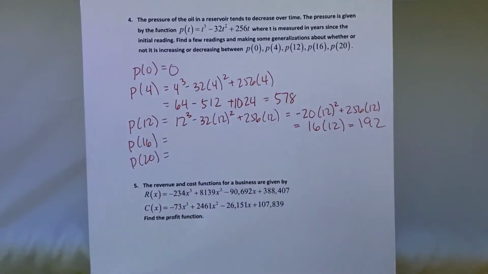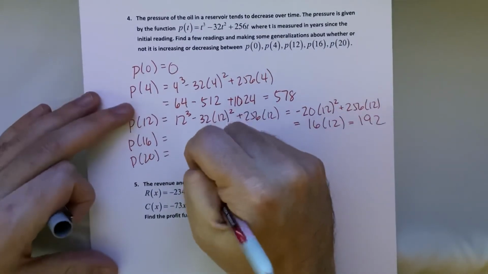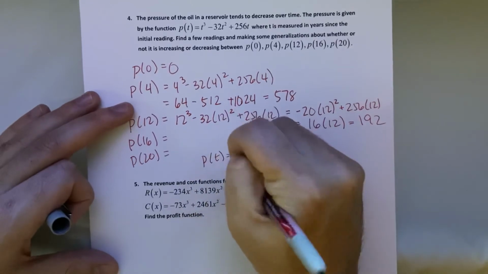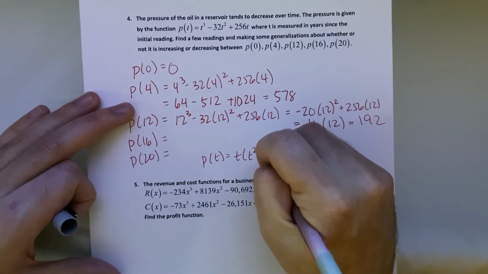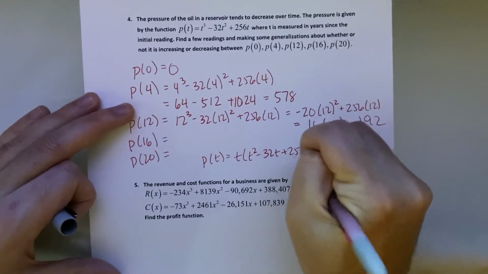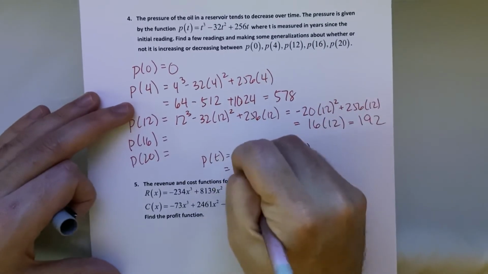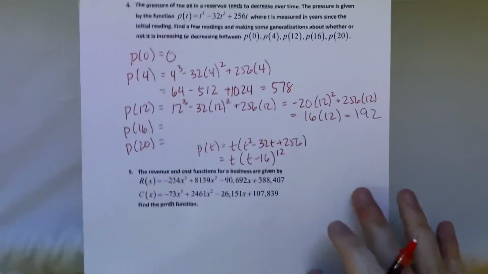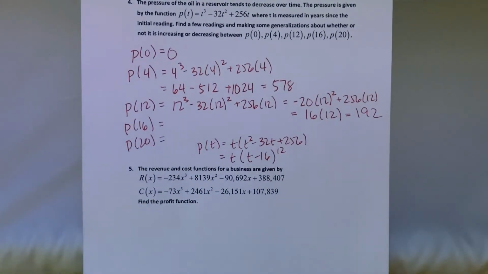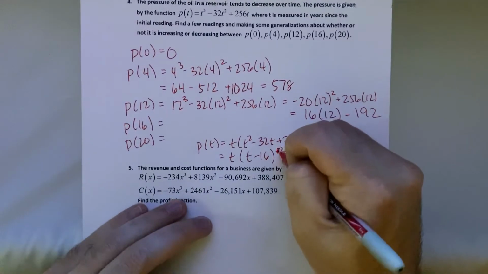I don't know why they have you plug in. This is factorable technically here. P of t equals t times t squared minus 32t plus 256. Namely, this is t times t minus 16 squared if you factored it. And that means that our zeros in this case are 0 and 16, from the t minus 16 squared.